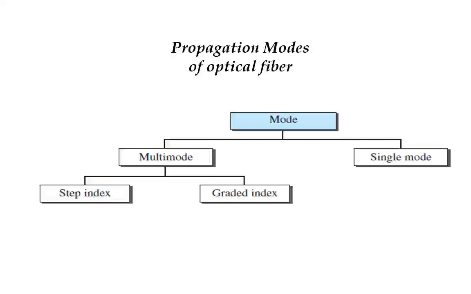Multi-mode is further classified into two types. One is step index, another one is graded index. How the multiple laser beams are used, what their properties are, and how the angles are maintained, these kinds of things classify multi-mode into step index and graded index.